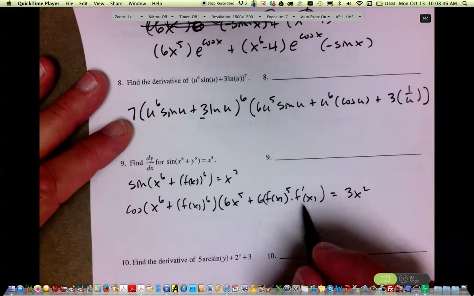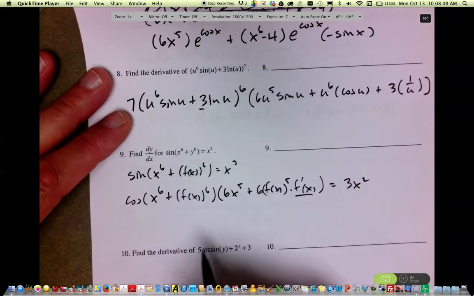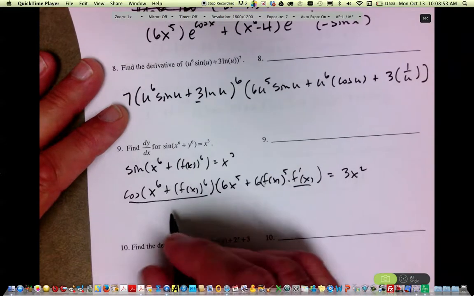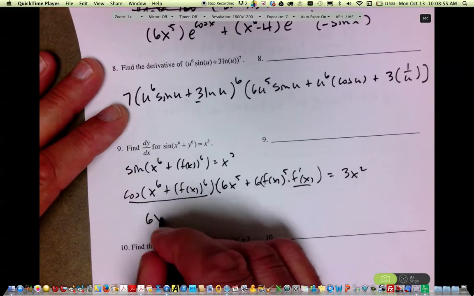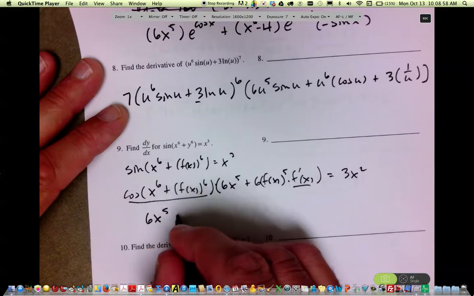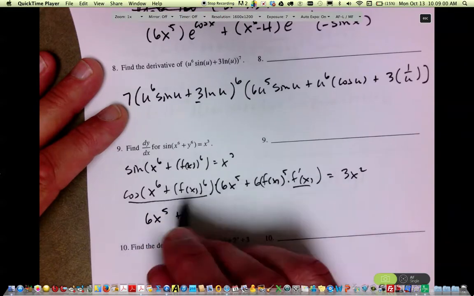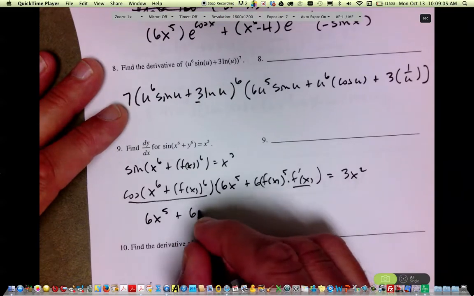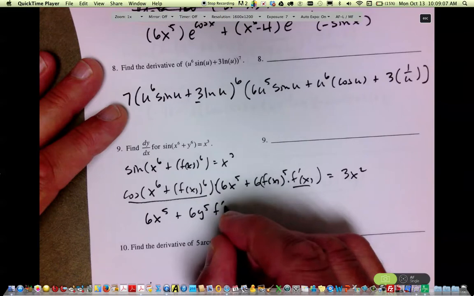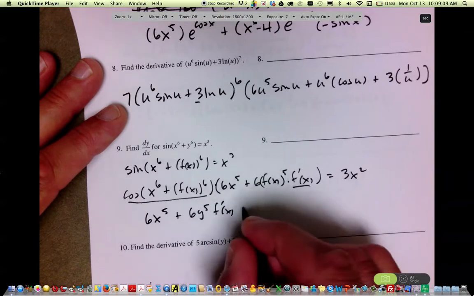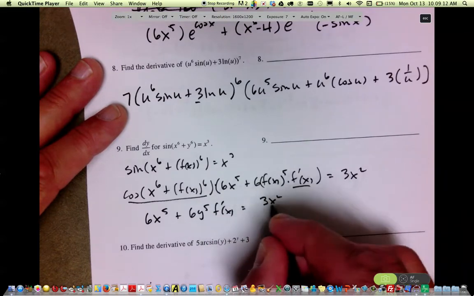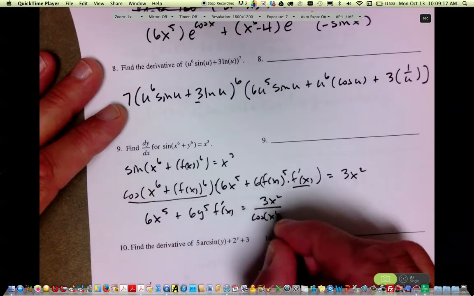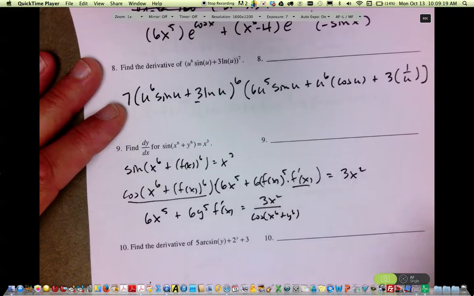Alright, so the rest of this is just going to be a matter of solving for f prime. So this is multiplication, so I'm going to divide both sides by this. So we're going to end up with 6x to the 5th plus, and I'm going to go ahead and substitute in the y's here, 6y to the 5th times f prime of x equals 3x squared divided by cosine of x to the 6th plus y to the 6th.